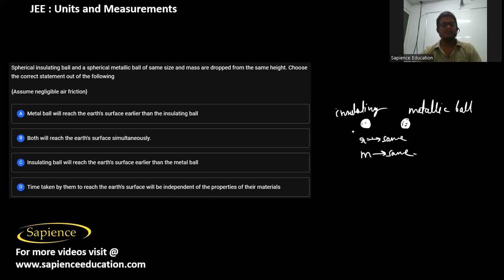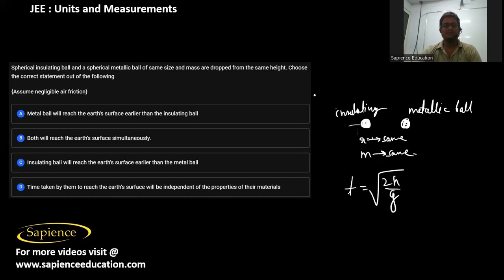So here both will reach the earth simultaneously, since they are dropped from the same height, and time of flight will be equal to root over 2h by g.